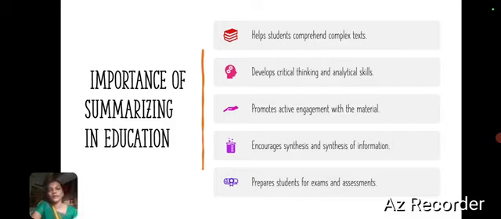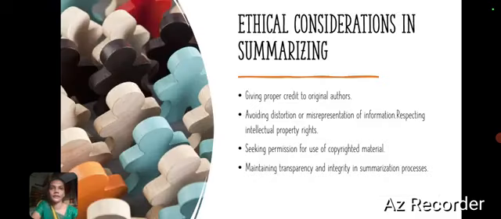It encourages synthesis of information. It prepares students for exams. When you are writing exams, it is easy for you to join all the points while summarizing. So it will be retained in your mind for a longer period of time.